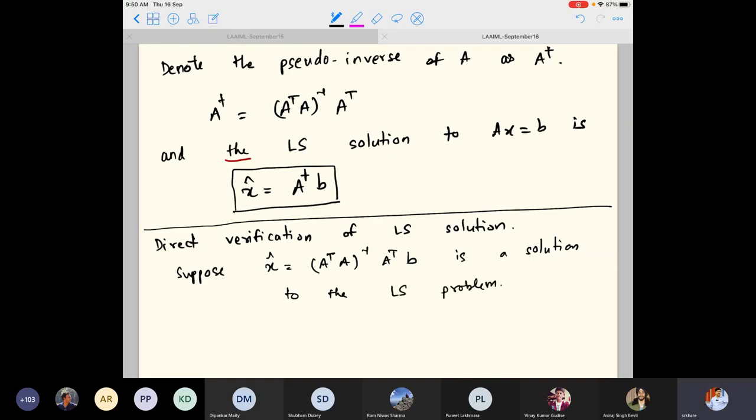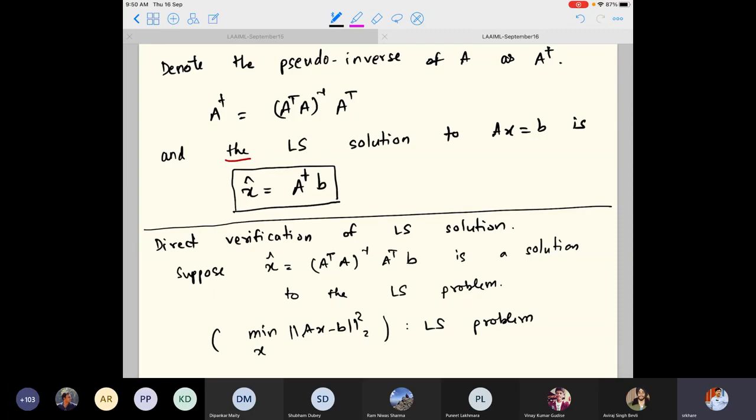What is the least squares problem? The least squares problem is to minimize over x the norm of Ax minus b whole square. And what does a solution mean? Solution means that particular x which minimizes this norm, right?